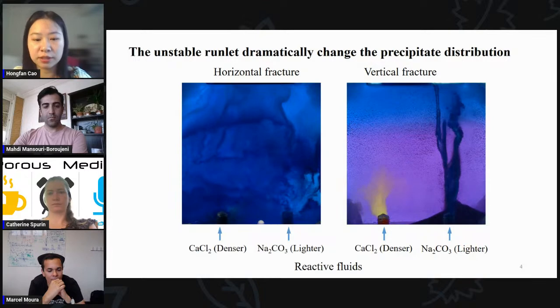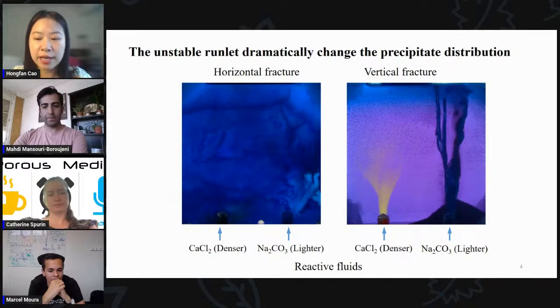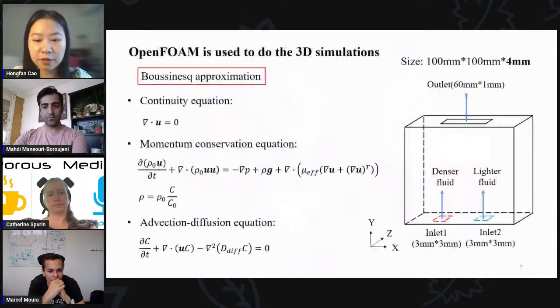What we want to understand in this study are the mechanisms triggering the unstable rivulet and the factors controlling the instability. So what did we do? We used OpenFOAM to do the 3D numerical simulation and try to reproduce what we observed in the experiment. The governing equations we used here are the Navier-Stokes equation combined with the diffusion equation.